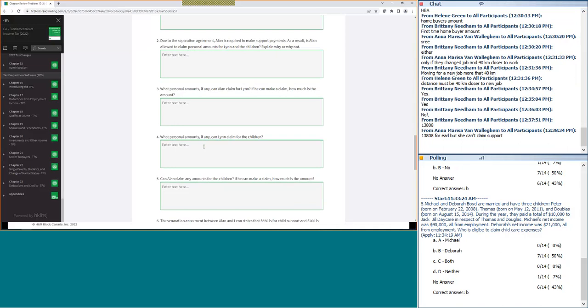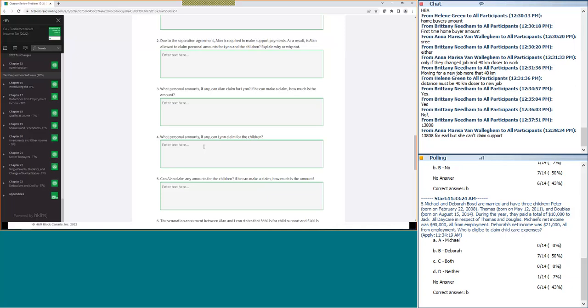Eligible dependent? Yep. And Marie says she can't claim support, but that's fine. She's not paying support, so she doesn't have a support claim to make anyway. But you're right. Okay. So she can claim eligible dependent for either child.